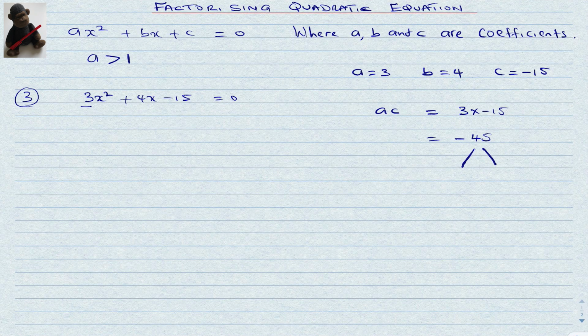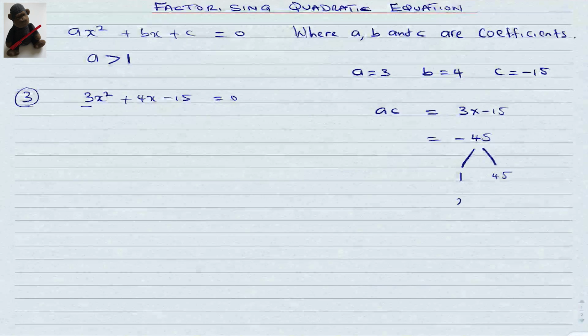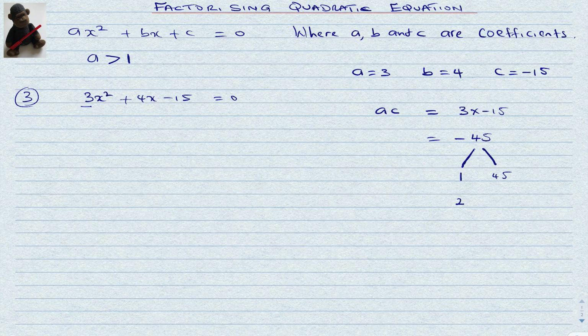We'll start with 1 and 45. 1 plus 45 will not give us 4, so that's not good. We go for 2. 2 would not work because the last number is odd, so we have to go for 3.